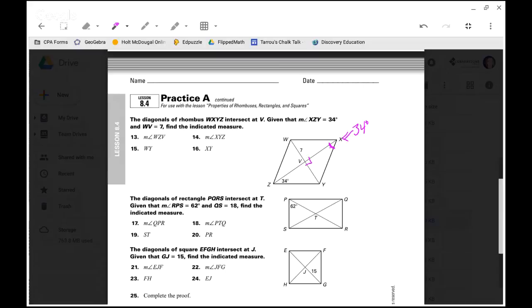Since the diagonals bisect each other, we also know that this length here is 7, right? Okay, so what we're looking at now is a right triangle, correct? We know that this bottom here is 7. We know that that angle is 34 degrees. And what we're trying to find is this side over here, right? The hypotenuse.